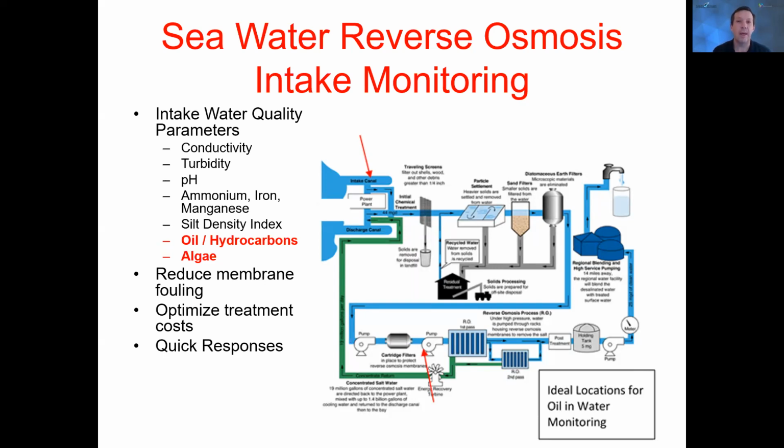Because there's always some algae present there, the screens and the filters are there to remove all the particulate, including algae. But the goal of this device is to indicate upsets, to know when there's been an algae bloom. Maybe the wind changed direction and now it's blowing a whole big mass of plankton into the intake.